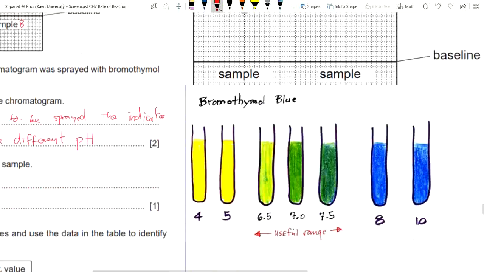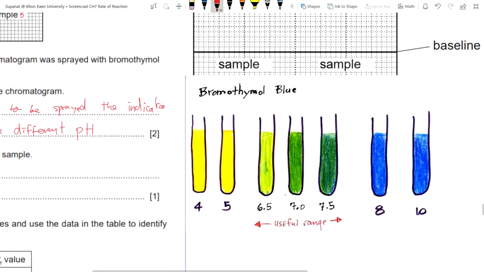Okay, let's have a look here. This is the bromothymol blue indicator. The useful range we use is from 6.5 to 7.5, so we will see the difference in the pH value, right?